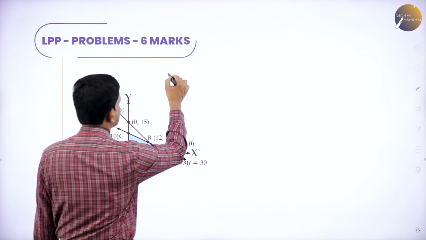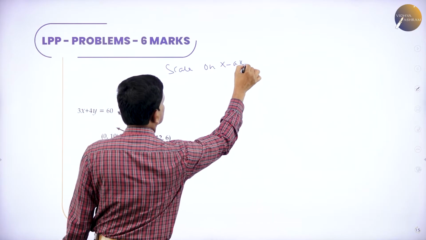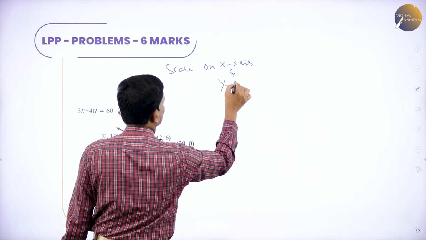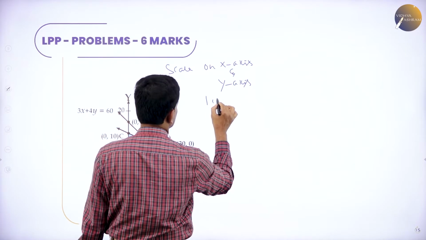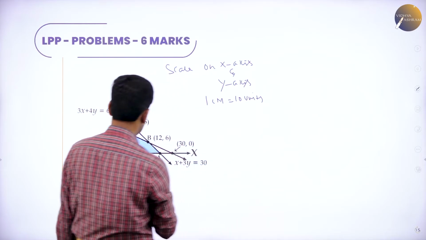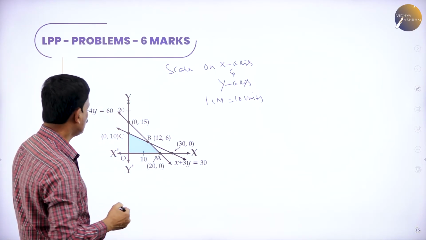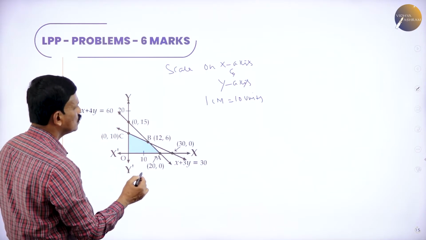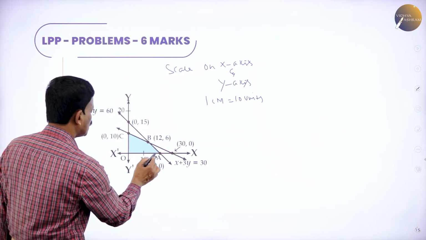On the graph, let us take the scale on the x-axis and y-axis as 1 centimeter equal to 10 units. So 10, 20, 30, 40, like this we are going to get. What is A? A is 20 comma 0.